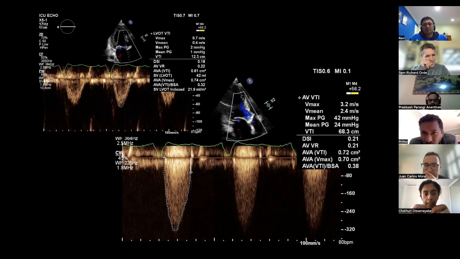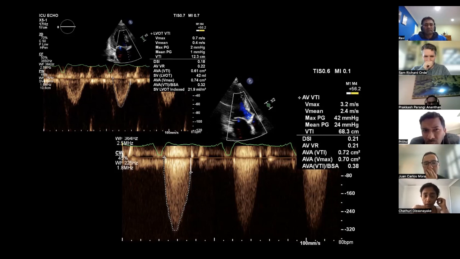The mean gradient is 1, Vmax is 0.7, DSI is 0.18, less than 0.25. Aortic valve area by continuity 0.61. Stroke volume, LVOT indexed, is less than 35, so 21.